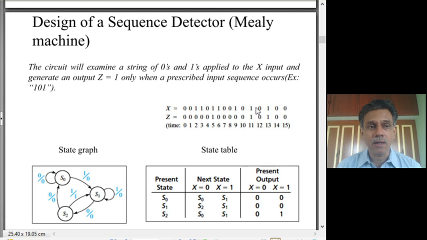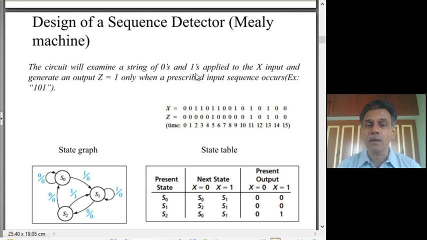We need a machine wherein after getting a pattern, the machine resets, forgets everything and looks for a new set of bit patterns. If that is the specification, then your design has to be totally different, and the output will also be different.